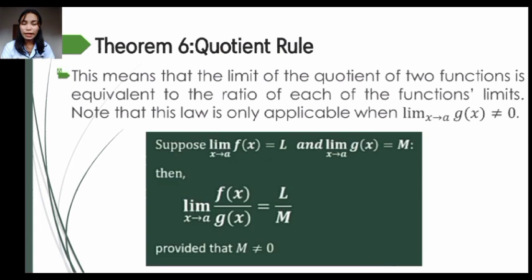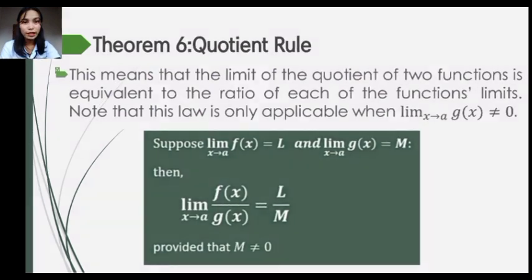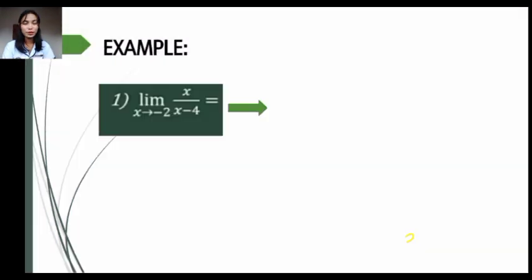So, how can we determine if our g of x is equal to 0 or not? In order to clarify that thought, I'll give you an example: the limit of x over x minus 4 as x approaches negative 2.